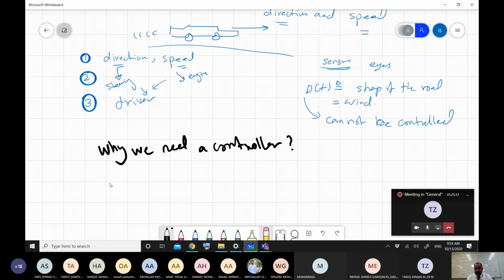So simply, not only do we need a controller to tell the process what to do, or the actuator what to do, but also we need to guide it. Also, we need to protect it.